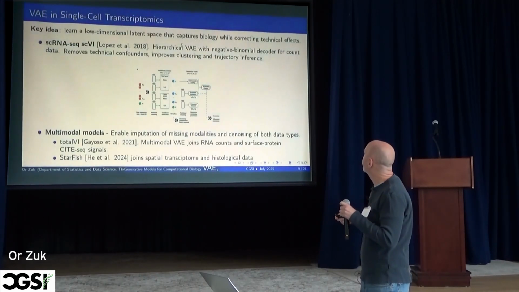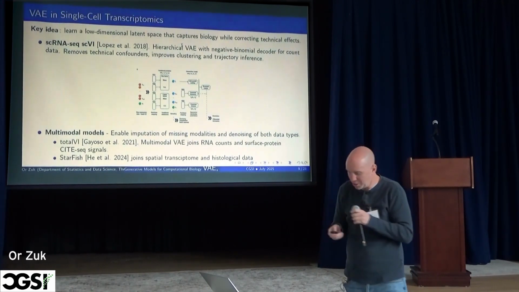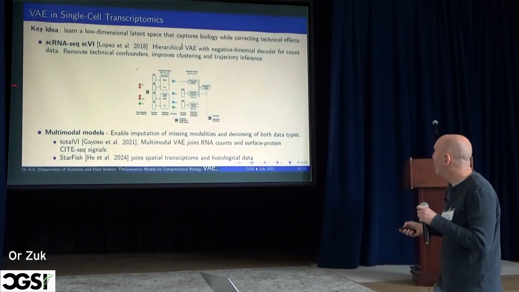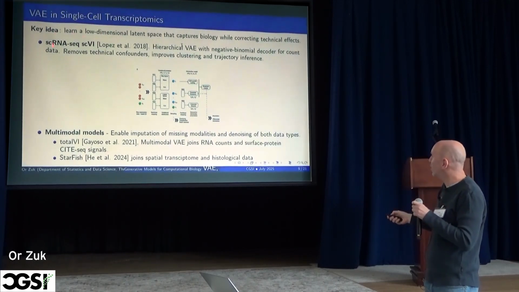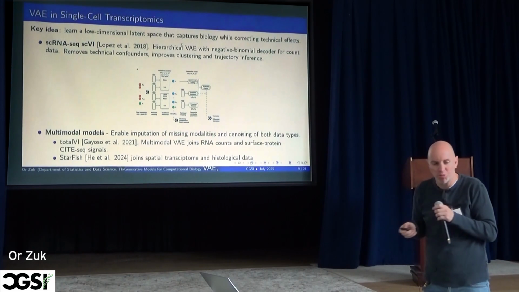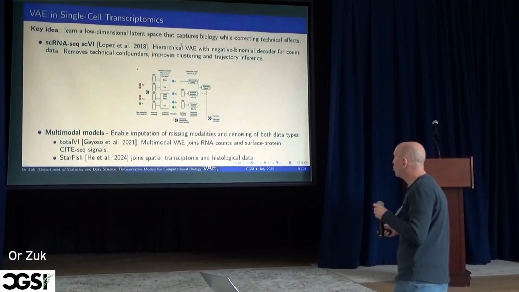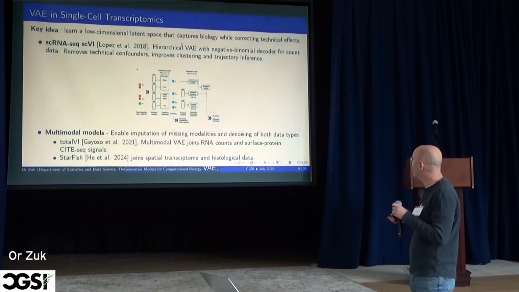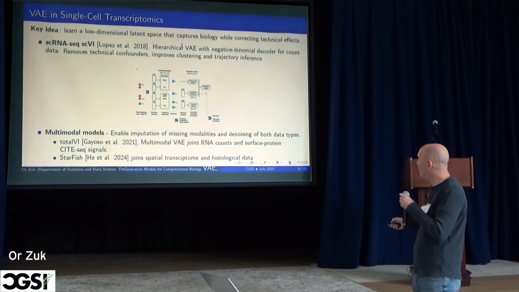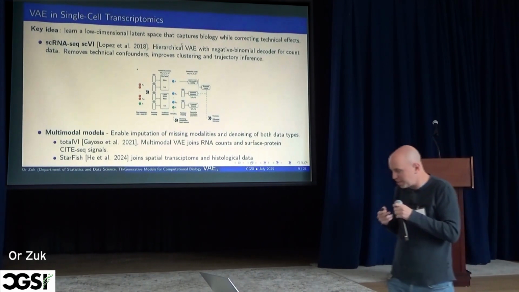Okay, so now we are on the slide of single cell. Like I said, we have methods that just work on one modality, for example, RNA expression data, or we have multimodal methods that can work jointly on RNA counts and surface protein data, or spatial transcriptomics and histological data.